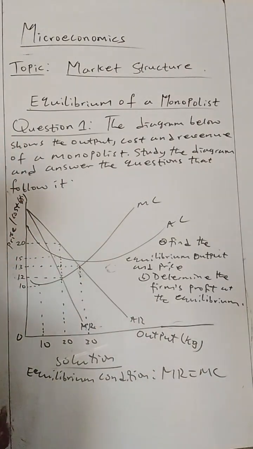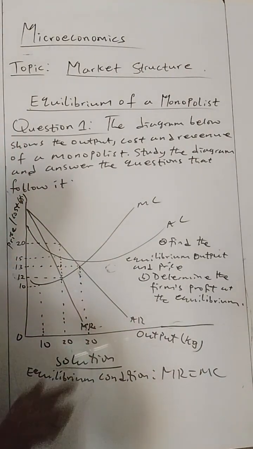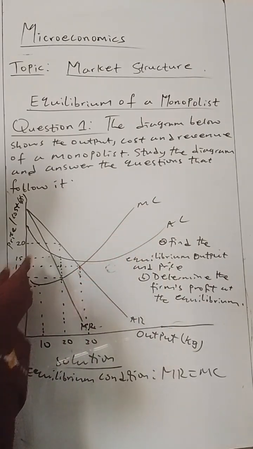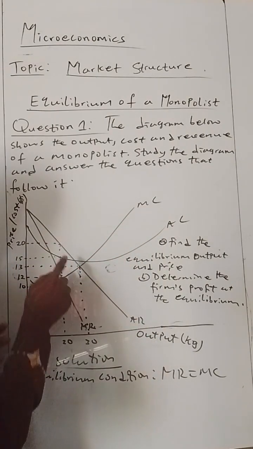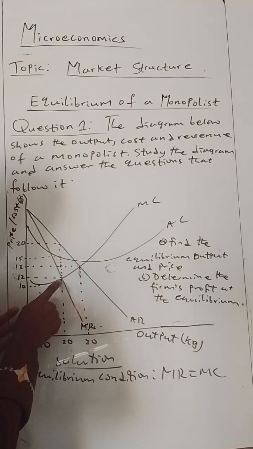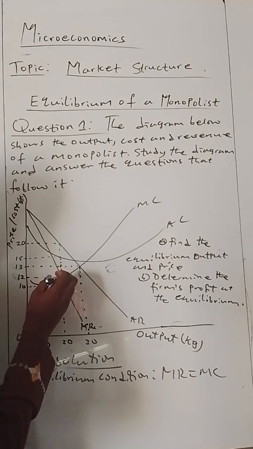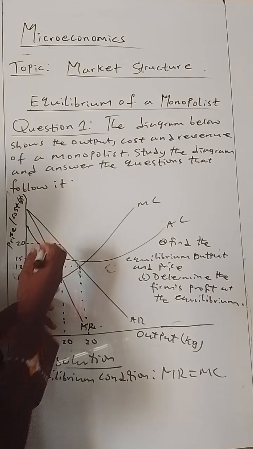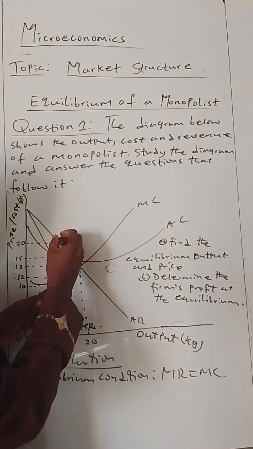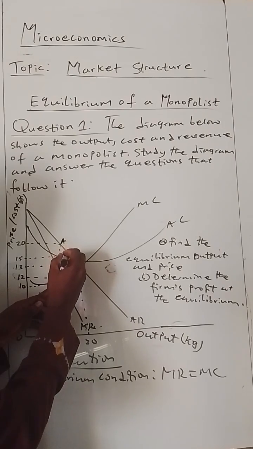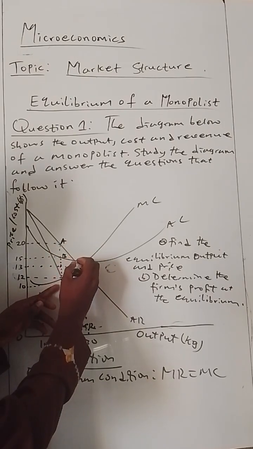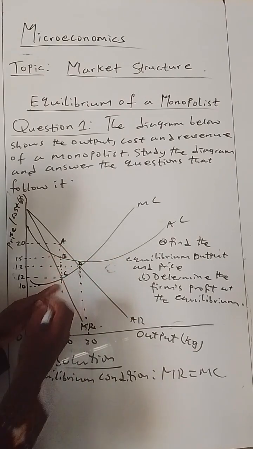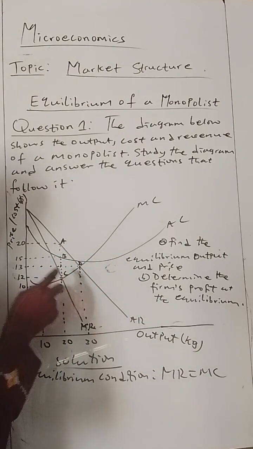And you go back to the diagram, you look for the MC curve. This is the MC curve. And also look for the MR curve. This is our MR curve. You check where they intersect. Let me label the points A, B, let me call this C, and let me call this point D. They intersect at point C here.